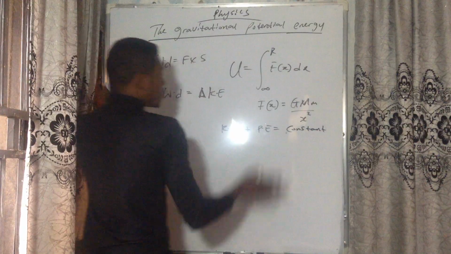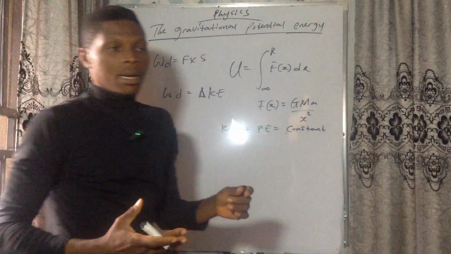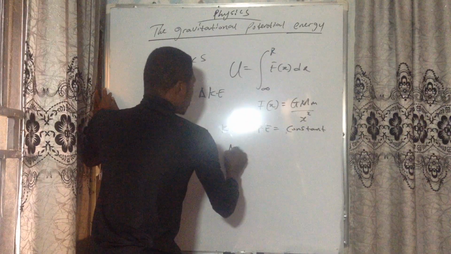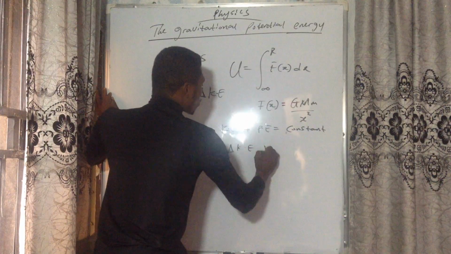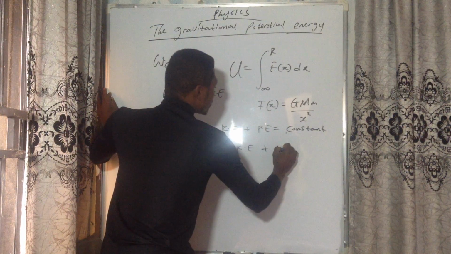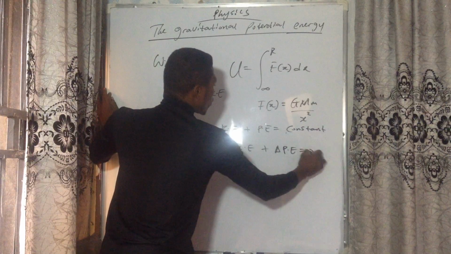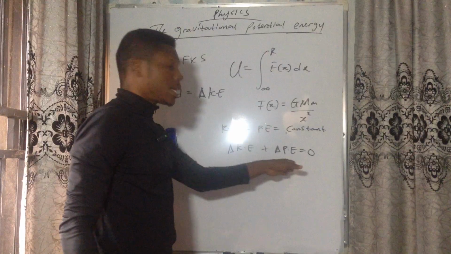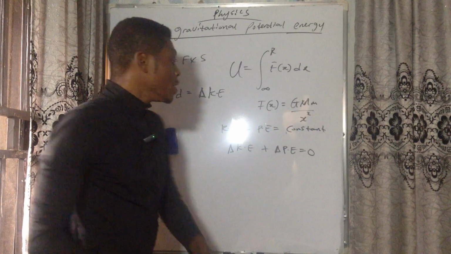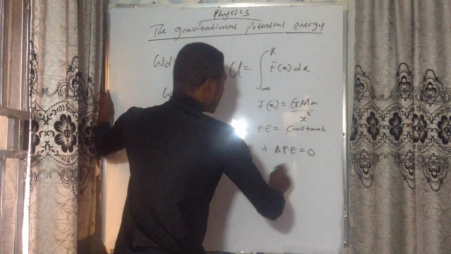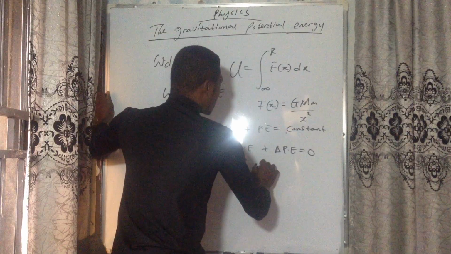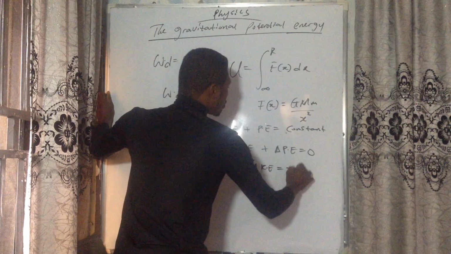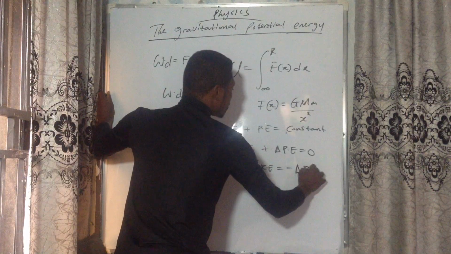So also we can say it this way: the change in kinetic energy plus the change in potential energy is equal to zero. Which implies that the change in kinetic energy is equal to minus the change in potential energy.